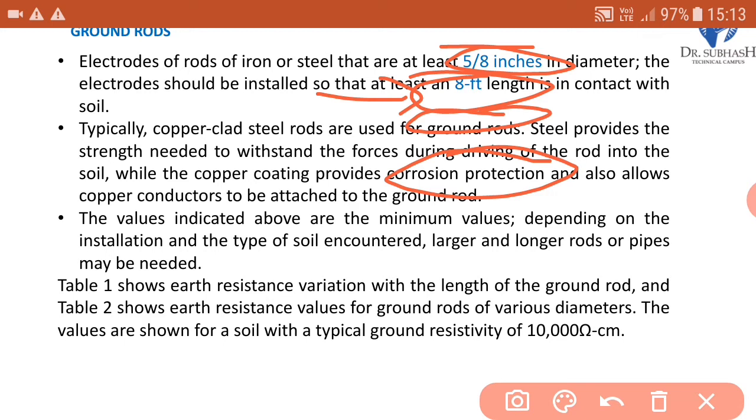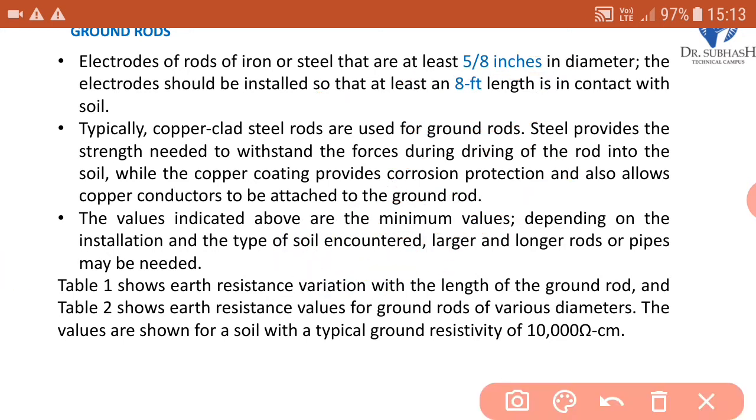The values indicated above are the minimum values. I have mentioned earlier that these are the minimum values. It means actual values may be larger than these minimum values. Depending on the installation and the type of soil encountered, larger and longer rods or pipes may be needed. It depends on the type of soil.